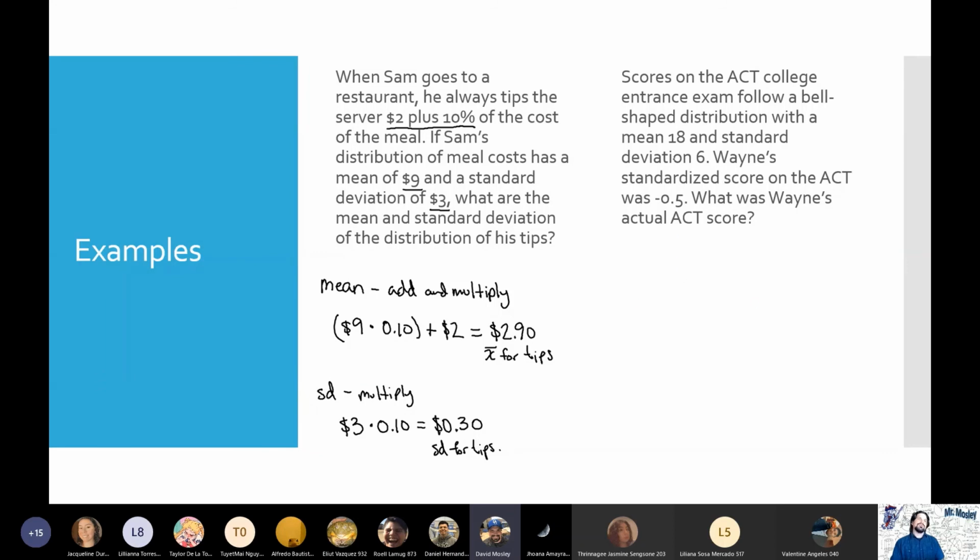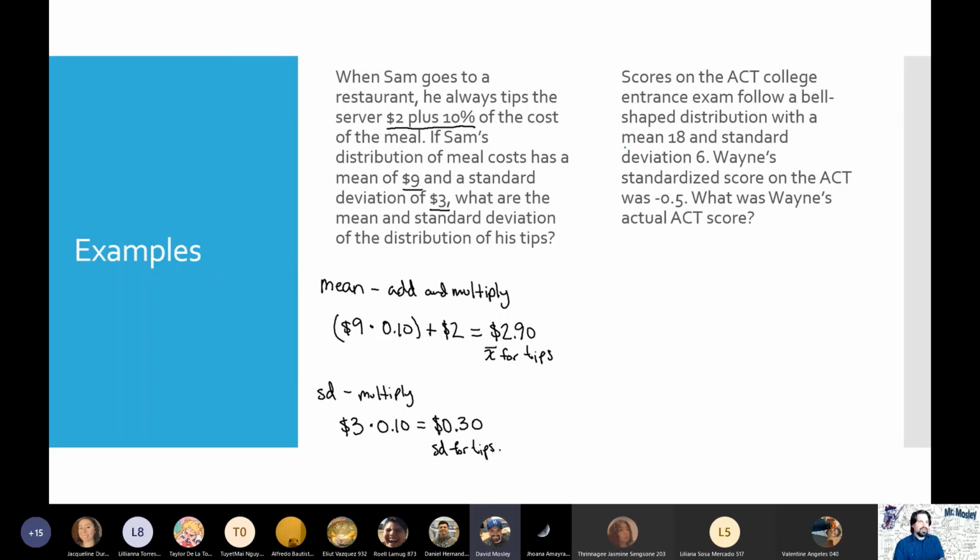Let's look at our other example. Right, scores on the ACT college entrance exam follow a bell-shaped distribution with a mean of 18 and standard deviation of 6. Wayne's standardized score on the ACT was a negative 0.5. What was Wayne's actual ACT score? Okay, so in this case, we're going back from the standardized score to the actual score.